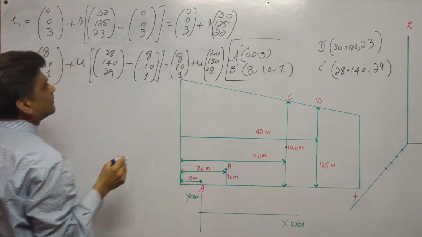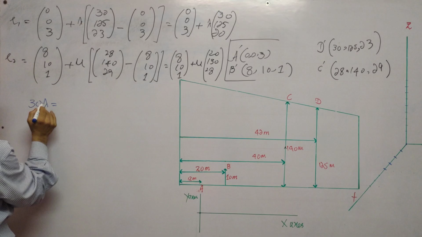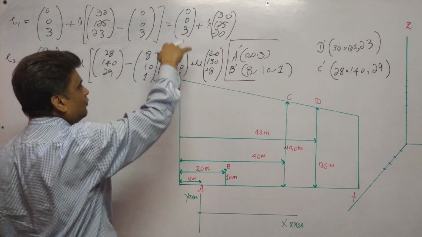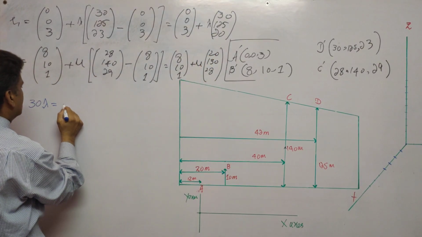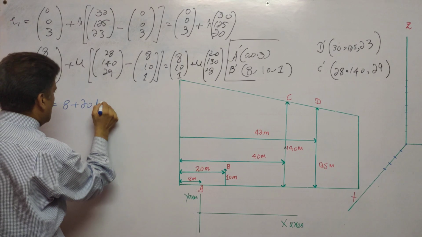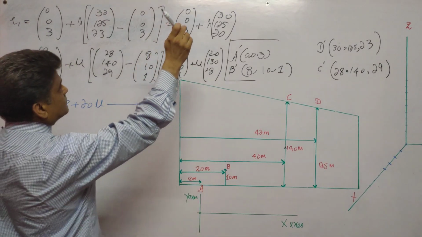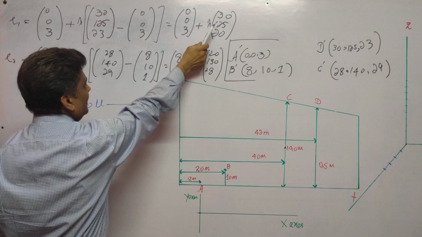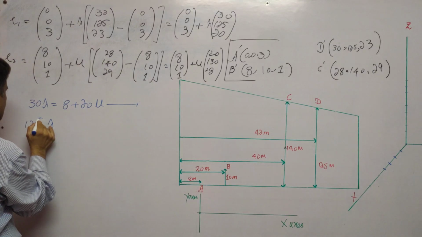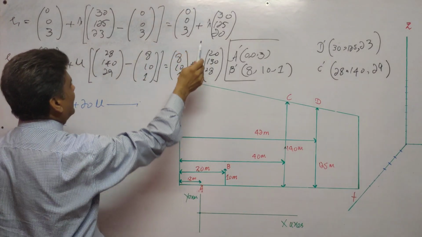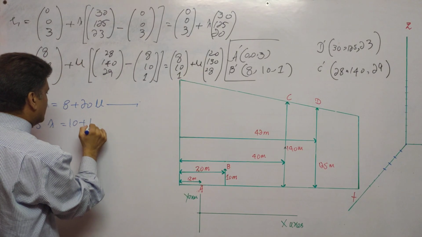Second, 125 lambda is equal to 10 plus 130 mu.